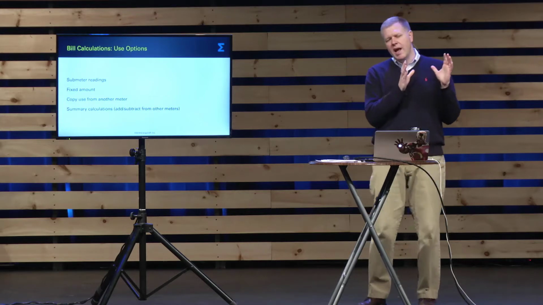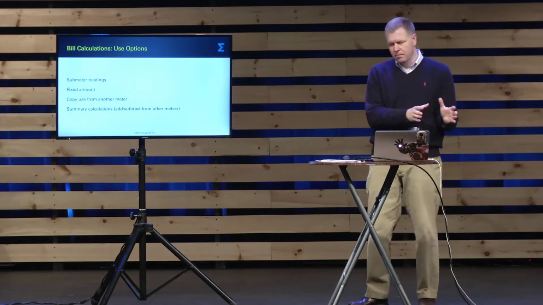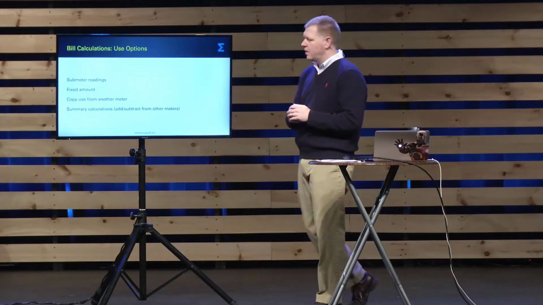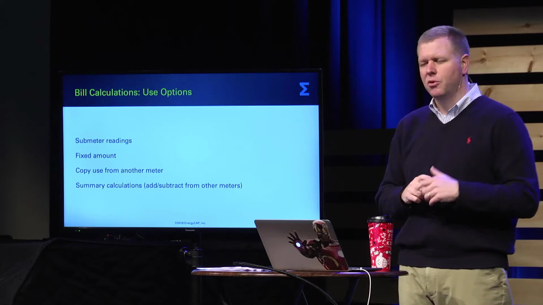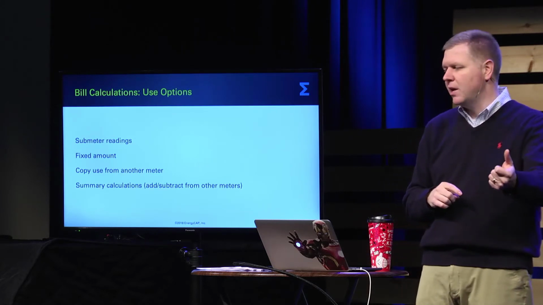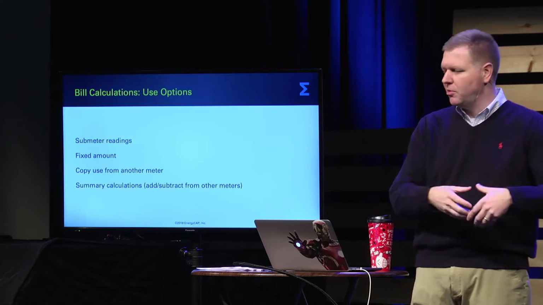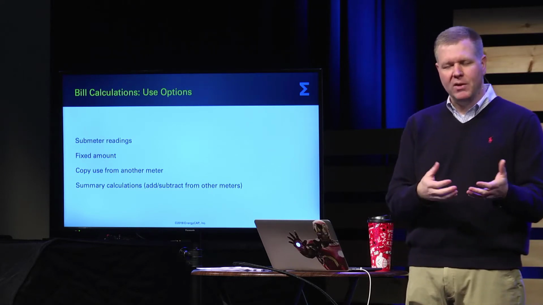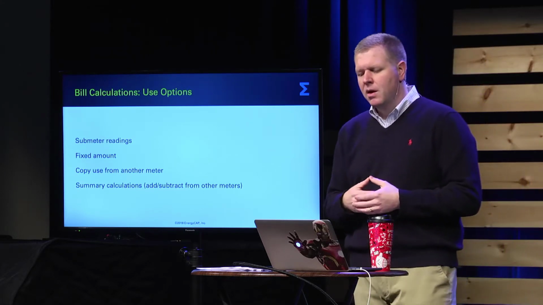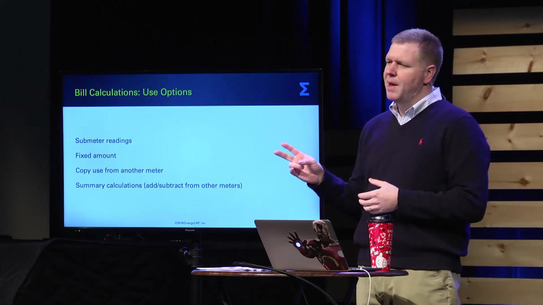So when we're looking at how do you calculate use in a bill calculation, you have 4 different options to choose from. You can use submeter readings. I've talked about that a number of times. So if you have a submeter that you're gathering data from, whether you're doing it manually or maybe some automated feed into EnergyCap, yes, we can calculate use based on your submeter data. You can also provide a fixed amount.